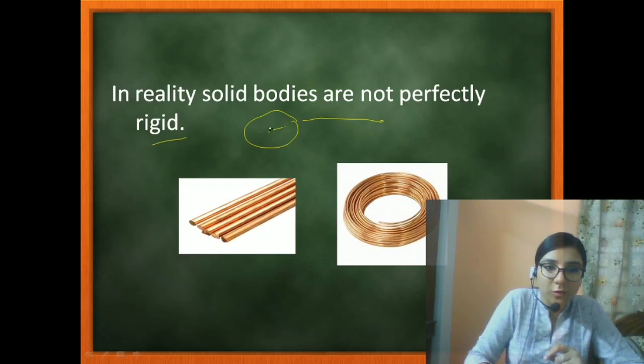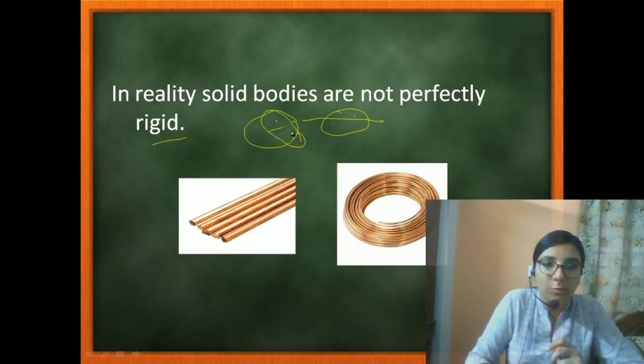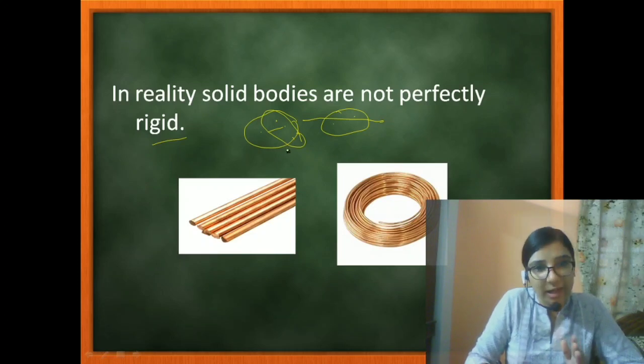The distance between these two particles is fixed. Even if we move or rotate the stone, the distance between those two particles will not change at all. That is the property of a rigid body.